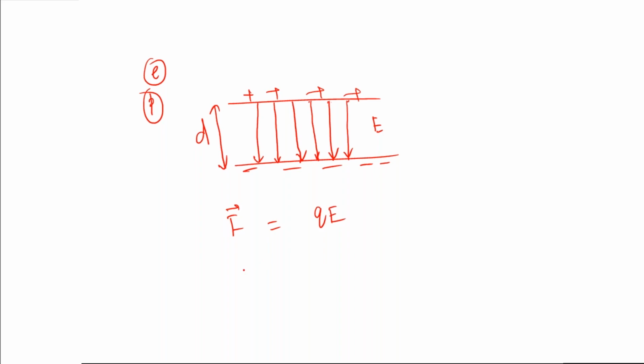If the charge is negative, the force will be minus Q into E. This minus sign signifies that the force experienced by the negative charge will be in the opposite direction of the electric field.